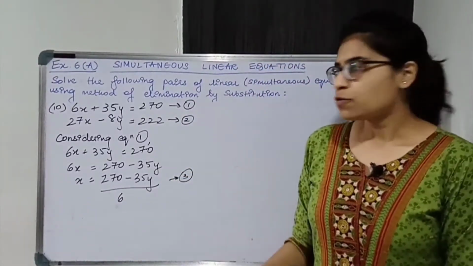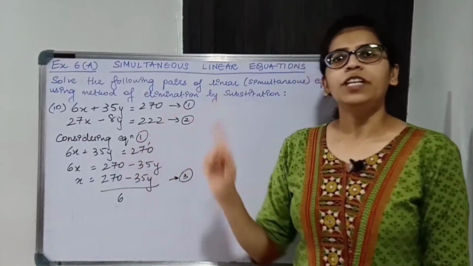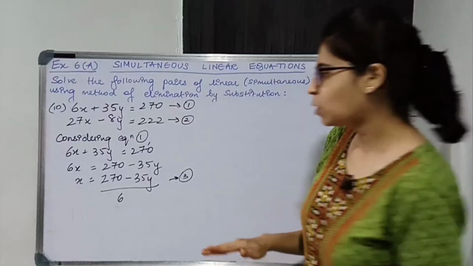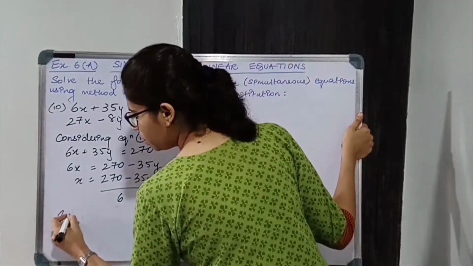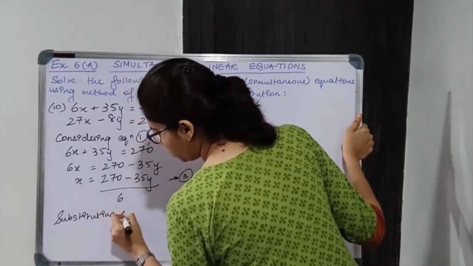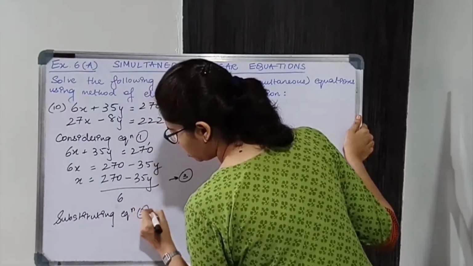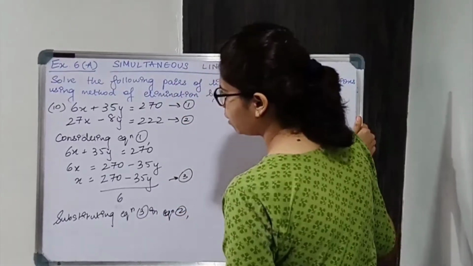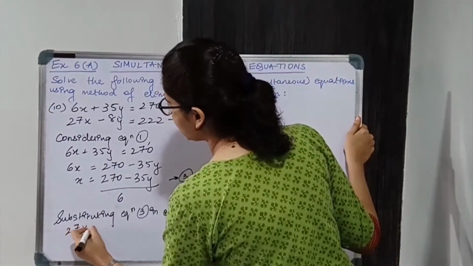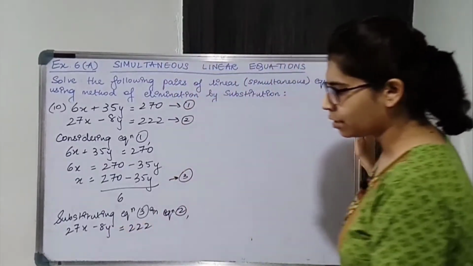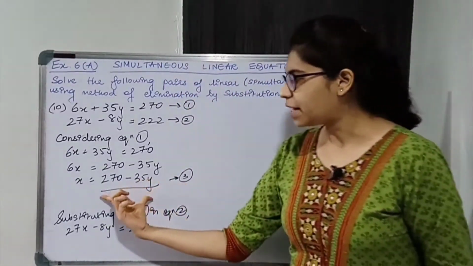We got this from equation 1, so we'll substitute this in equation number 2. So substituting equation 3 in equation 2. Equation 2 is 27x minus 8y is equal to 222. In place of x we'll write this.